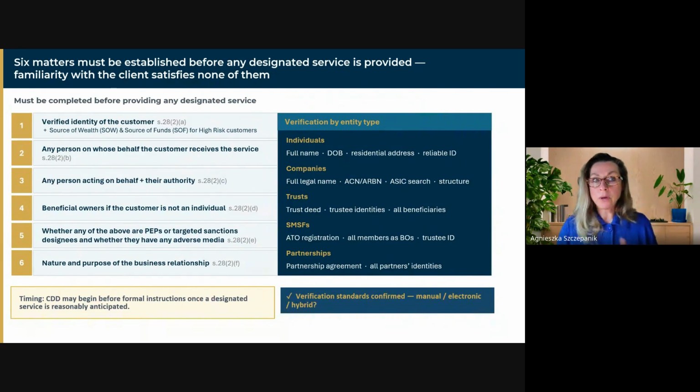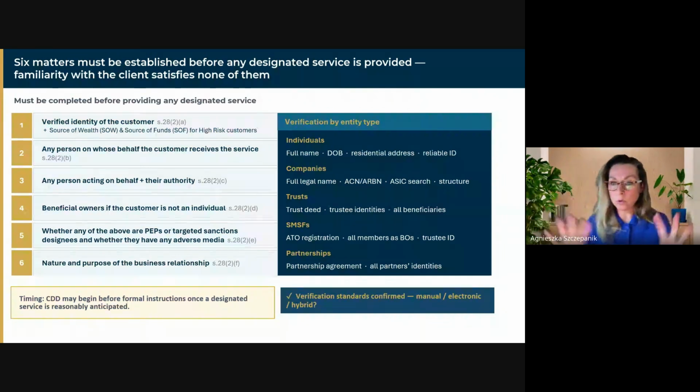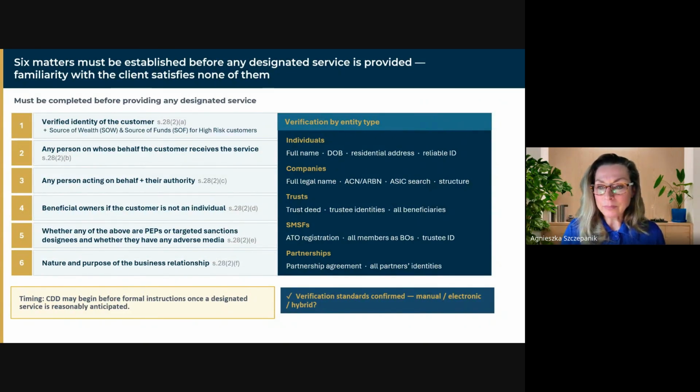So there are 6 key matters, which are called within the Act, that need to be collected as part of customer due diligence. And the 6 matters, which I've already alluded to on the slide before, are: you need to verify the identity of your customer, which is verification for individuals.